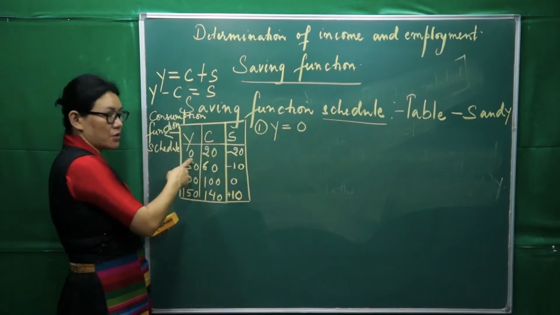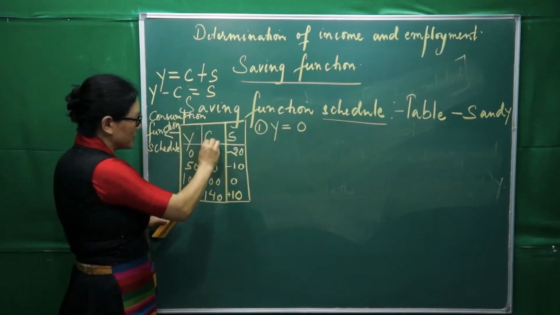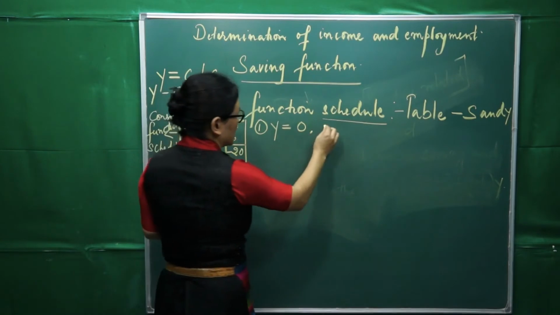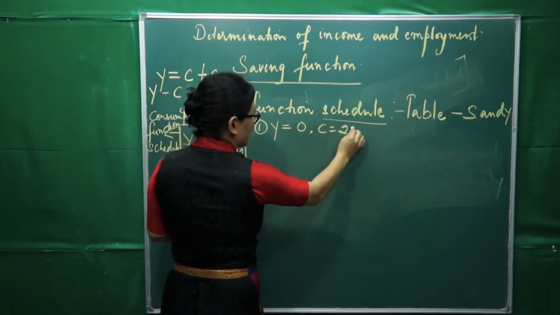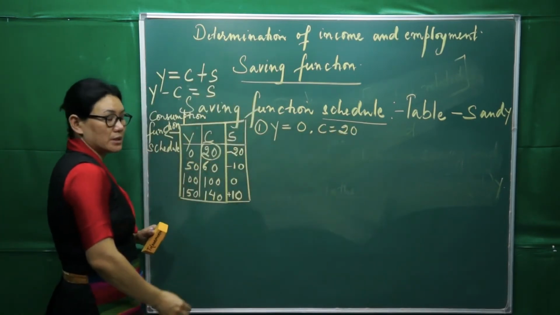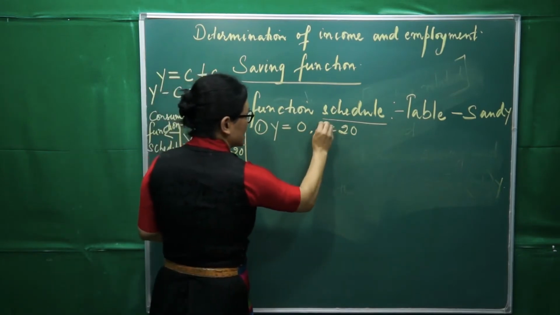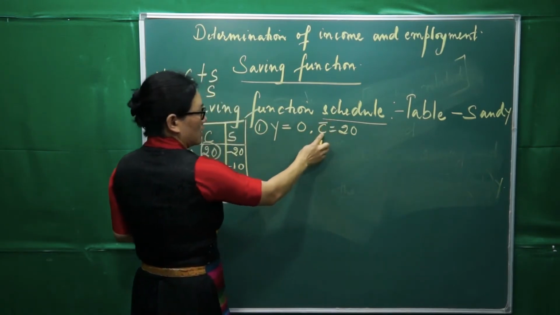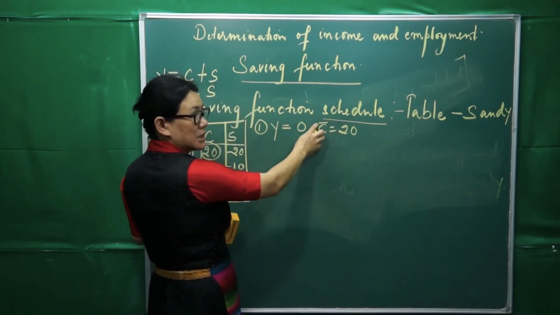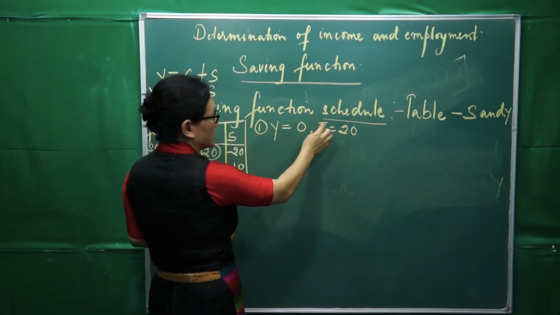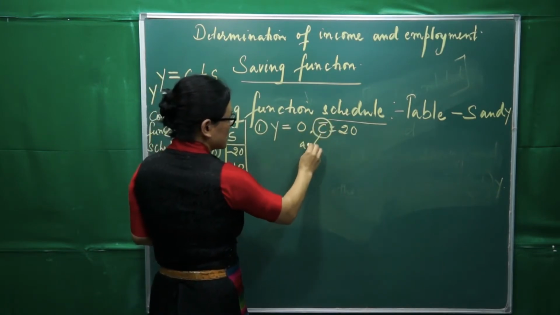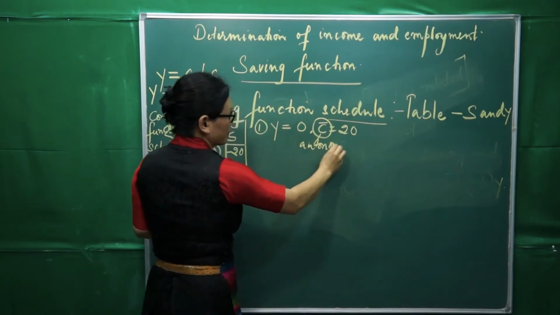When Y is 0, C is 20, it is given. This C-bar of 20 is autonomous consumption.